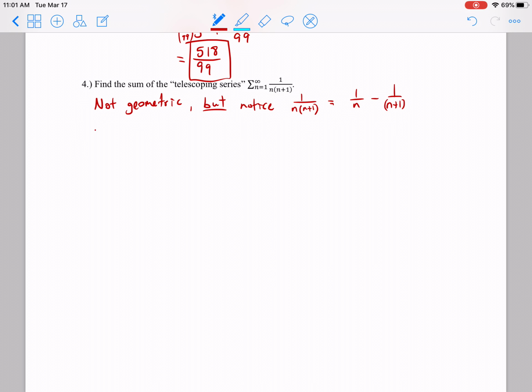And that means our sum, n equals 1 to infinity, can be written as 1 over n minus 1 over n plus 1. Okay? And we can do a partial sum here.